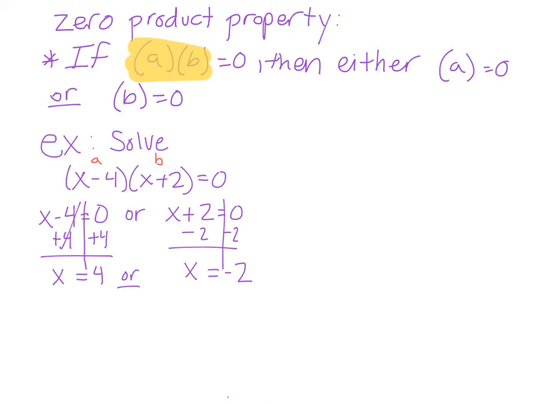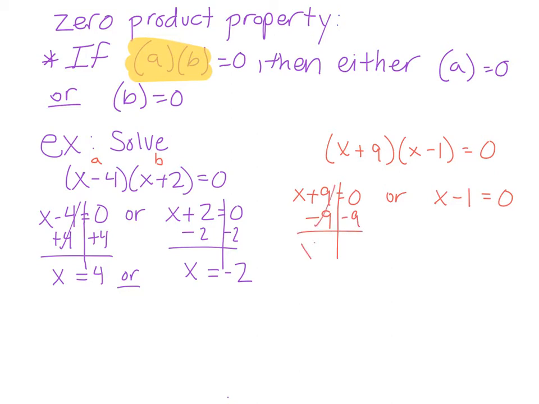So we've got (x plus 9)(x minus 1) equals 0. So either x plus 9 equals 0 or x minus 1 equals 0. So two possible solutions here, minus 9.